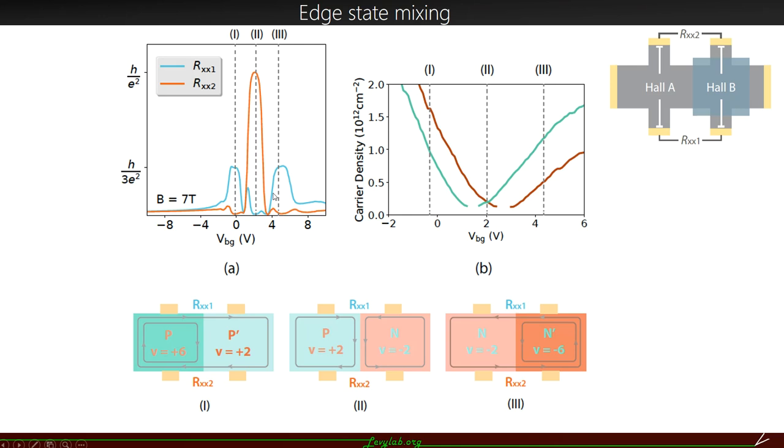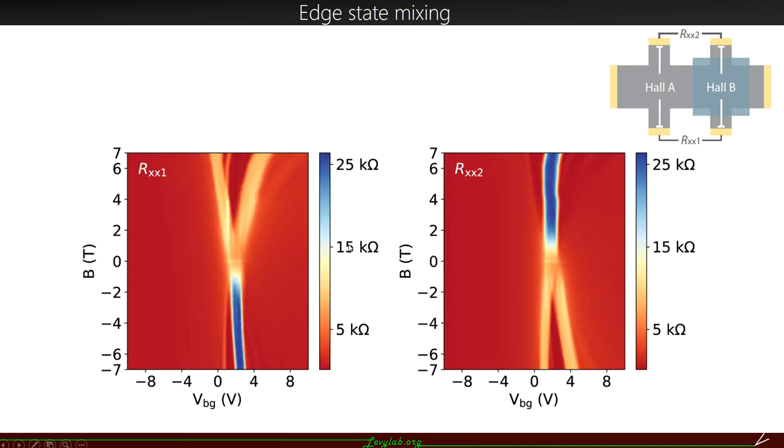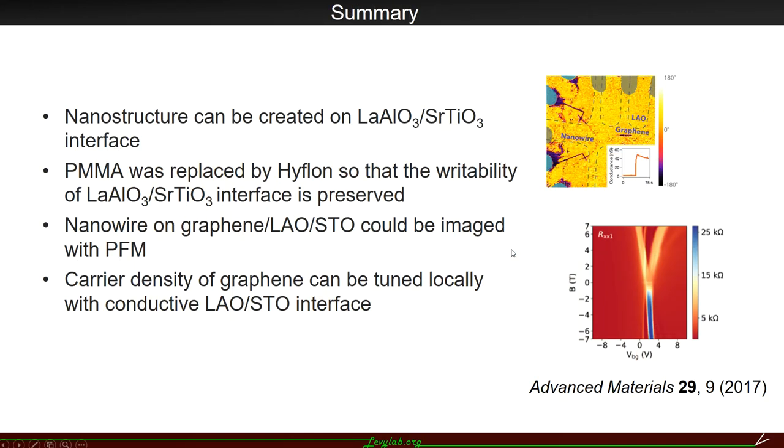So we observe this unusual quantized conductance on graphene due to the p-n junction we created on the LaAlO3/SrTiO3. When the magnetic field is reversed, the quantization of R1 and R2 gets switched because of the reversing of the current direction.